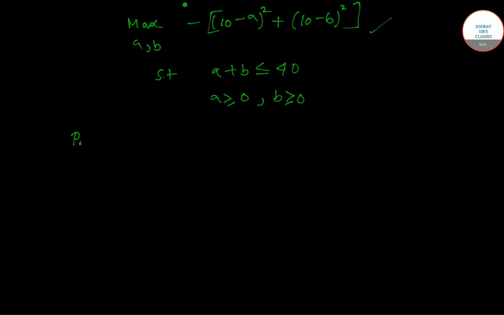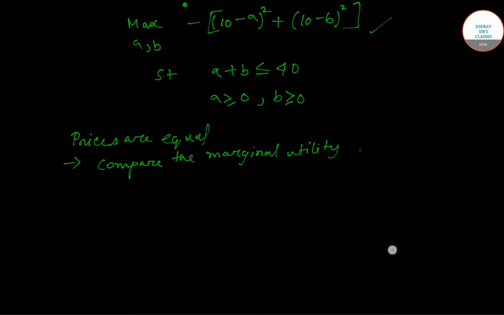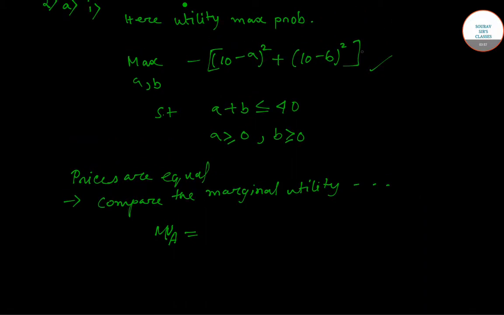So the marginal utility of A, MU A, if you simply solve it, you will get 20 minus 2a, and from MU B you will get 20 minus 2b.